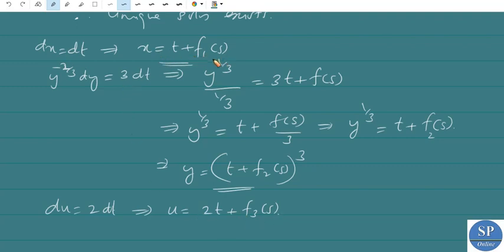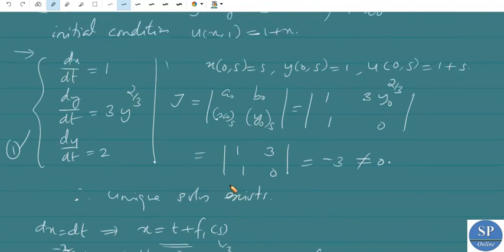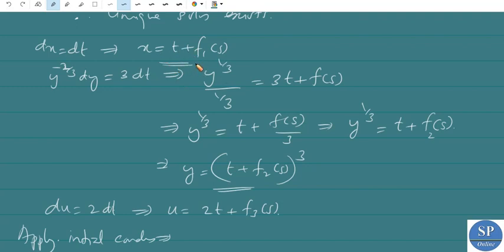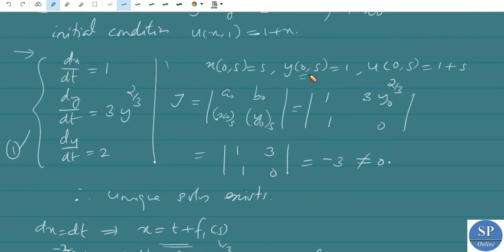So we have x = t + f1(s), y as above, and u as above. Applying the initial conditions, x = s, y = 1, and u = 1 + s at t = 0, from the first equation we get f1(s) = s, because when t = 0, x = s. And for the second, when t = 0, y = 1.